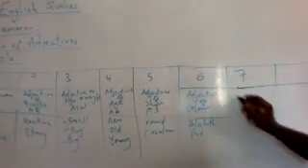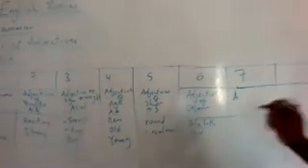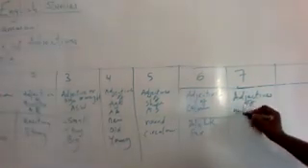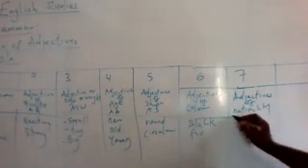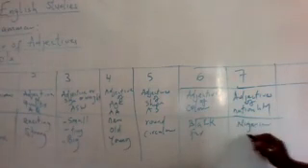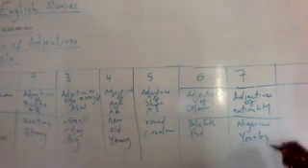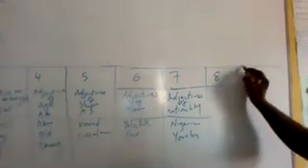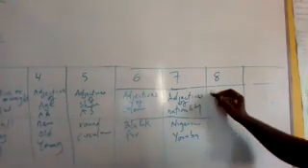Number 7, adjective of nationality: Nigerian, Yoruba, etc. The next order, number 8, is nominal or verbal adjective.